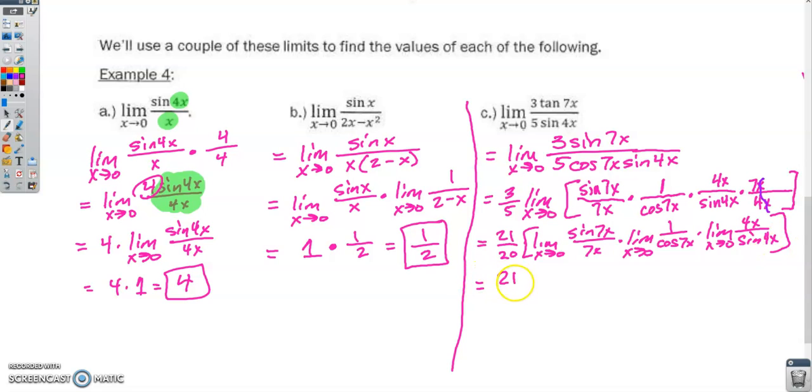And every single one of these limits inside of my brackets has a limit of 1. And so my final answer for my limit here is 21 over 20.